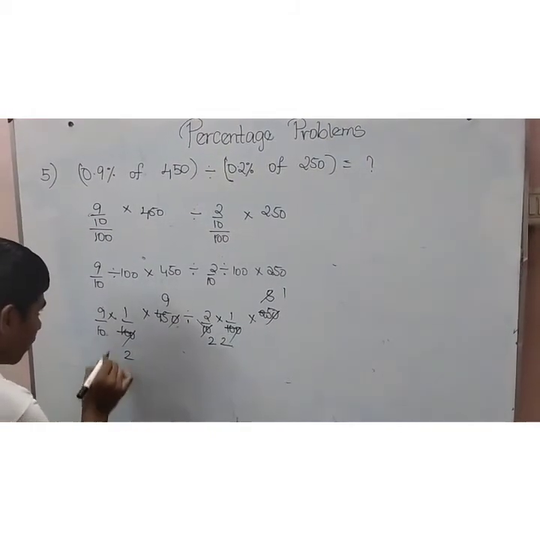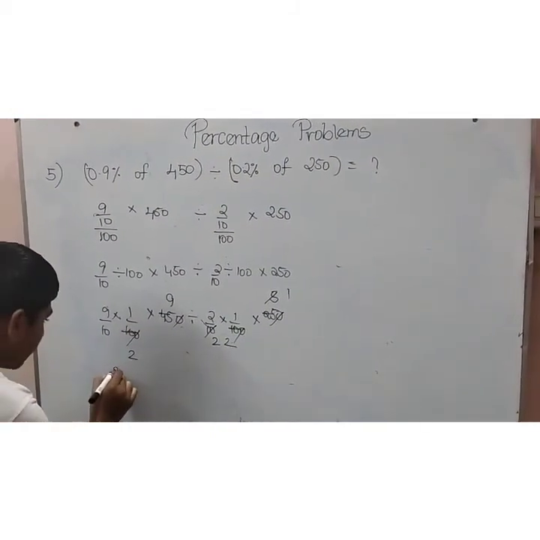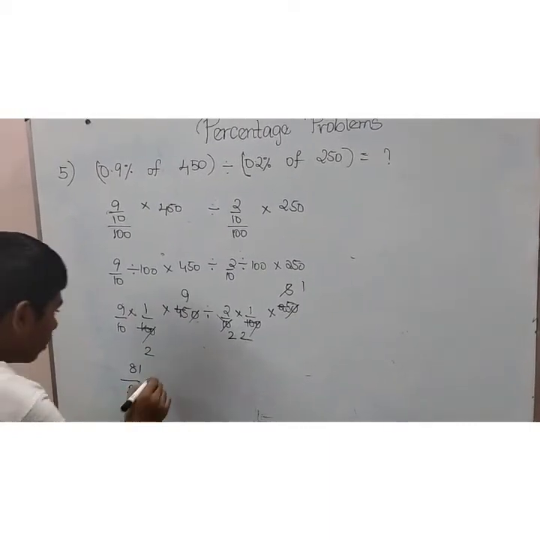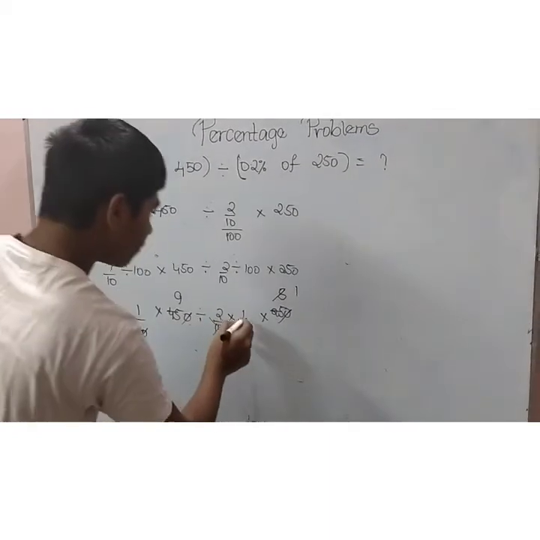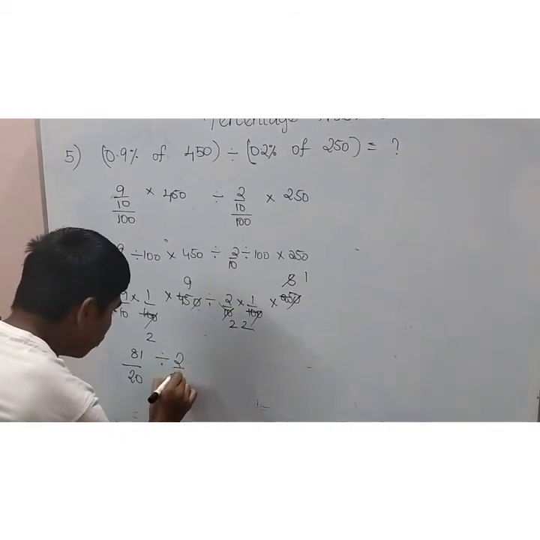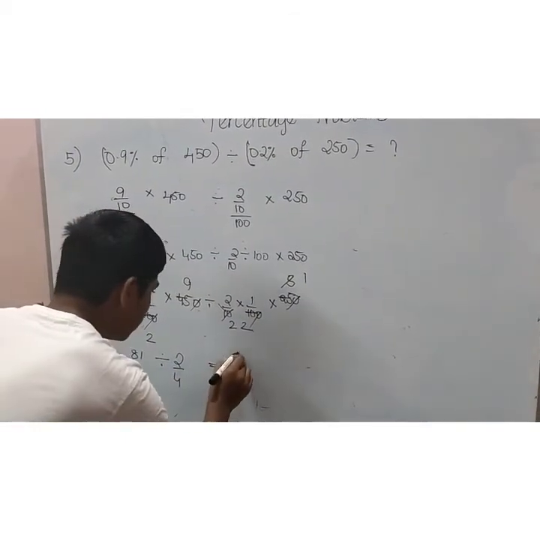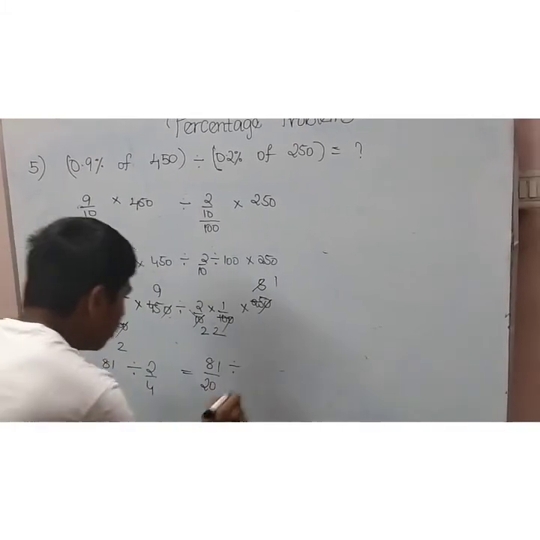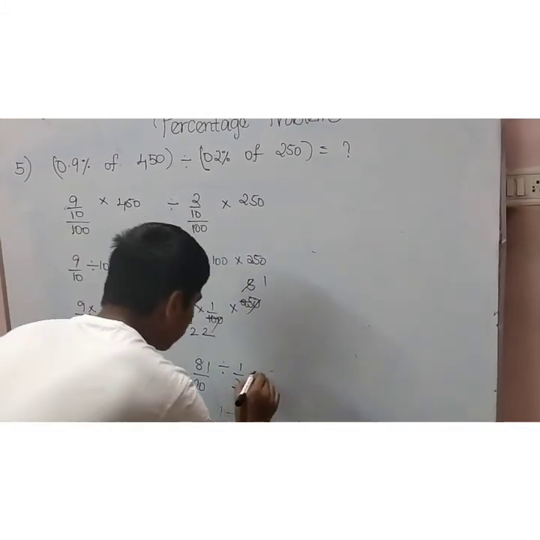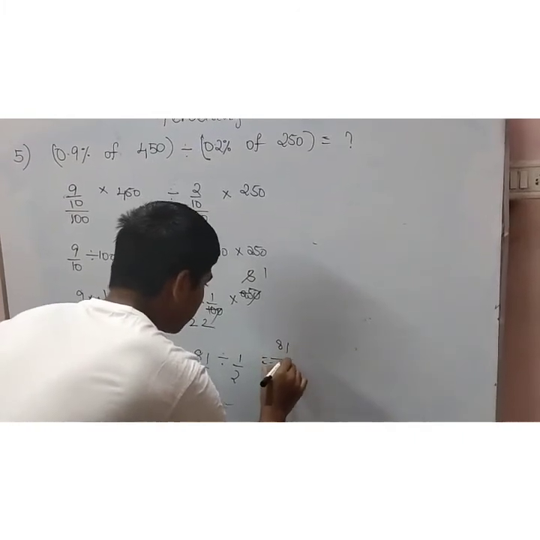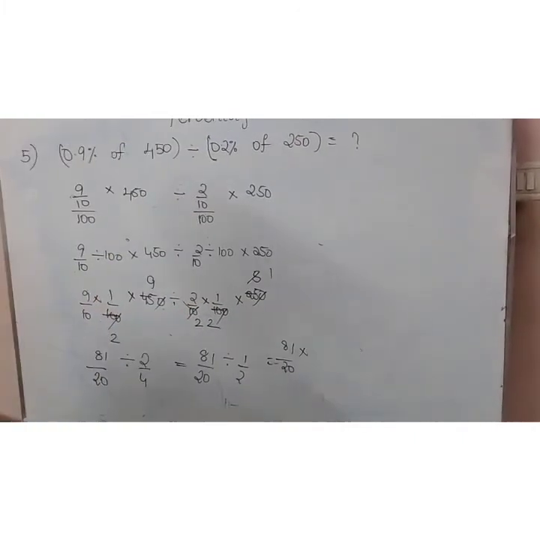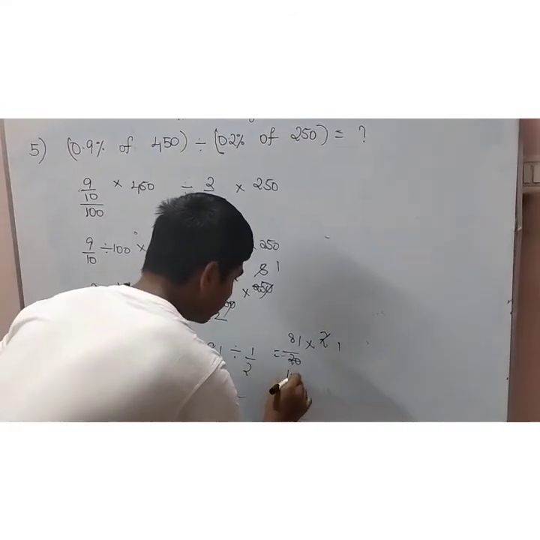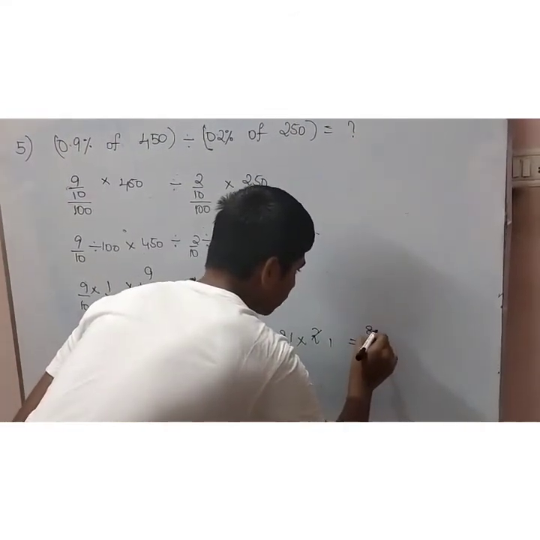Now 9 9s 81 by 10 2s 20, divided by 2 by 4. 2 by 4 is half. So 81 by 20 divided by half is equal to 81 by 20 into 2. 2 ones, 2 tens. That is 8.1.